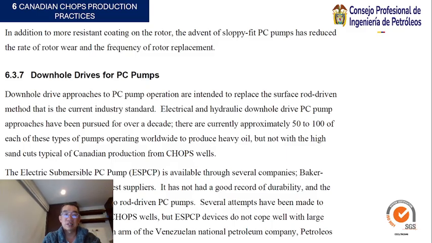but not with the high sand cut typical of Canadian production from CHOPS wells. The electric submersible PC pump is available through several companies. Baker Hughes Centrilift is one of the largest suppliers.